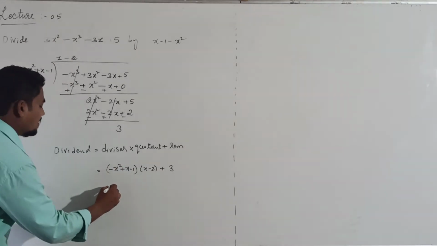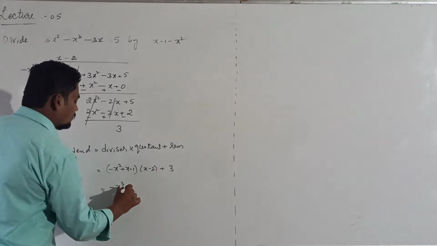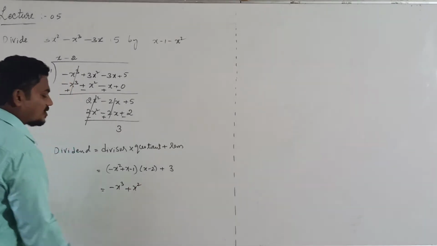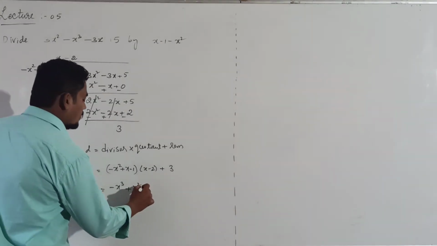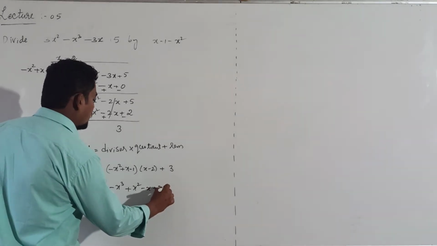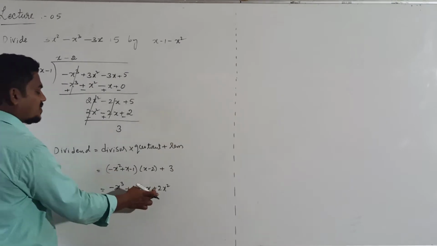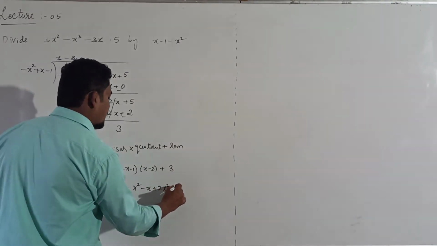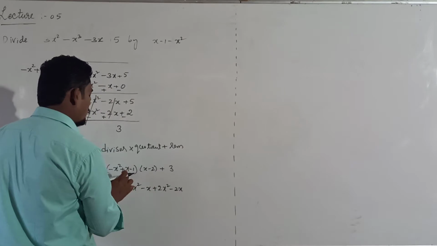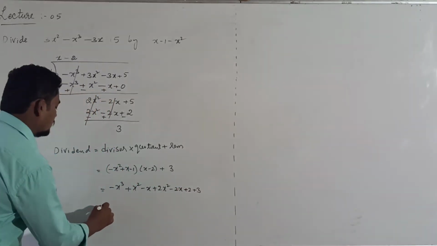Usual multiplication: minus x cube plus x square minus x, then minus into minus plus 2x square, minus 2 into minus x square is plus 2x square, minus 2x, plus 2, plus 3 remains as it is.